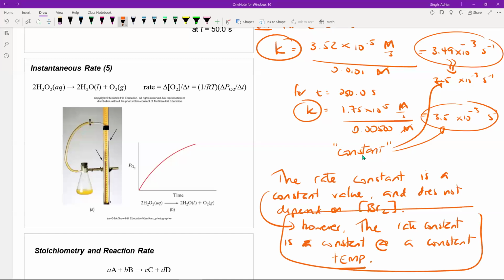We'll see later on, in a couple sections down the road, how k, the rate constant, does depend on temperature. But according to the name, it's a constant, it doesn't change, and it doesn't depend on the concentration of the reactant, in this case Br2.